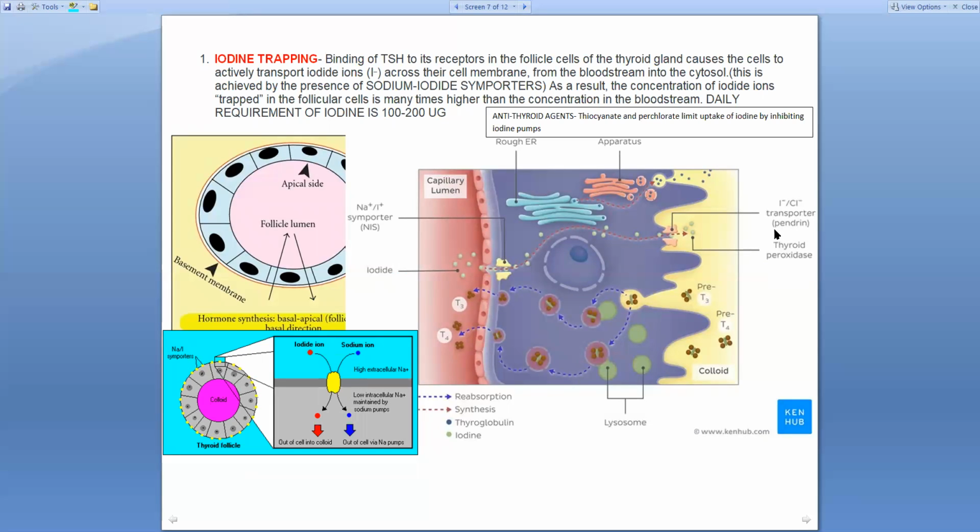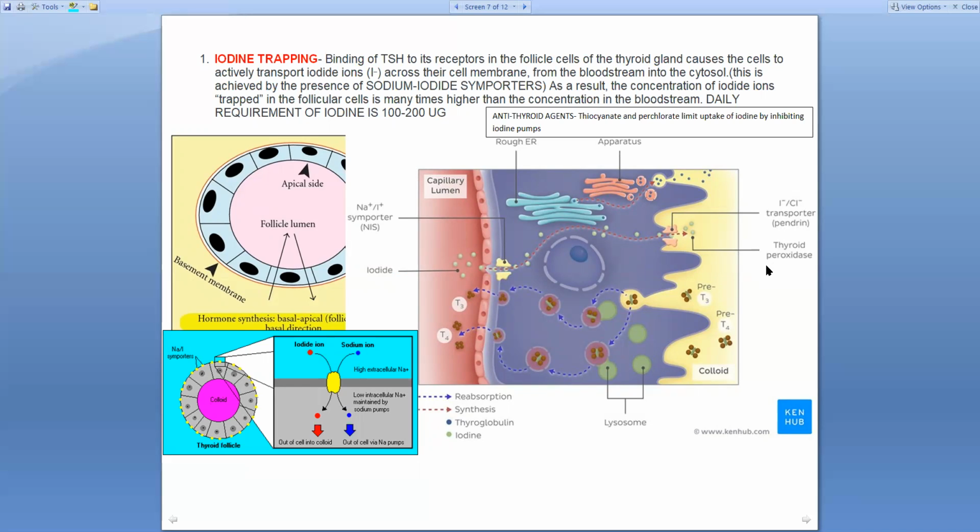There is one very important enzyme present in the colloid called thyroid peroxidase. In some books you will read it as thyroperoxidase, in some books it's written as peroxidase. So thyroperoxidase is found in the colloid.